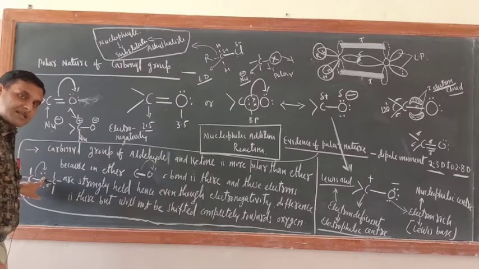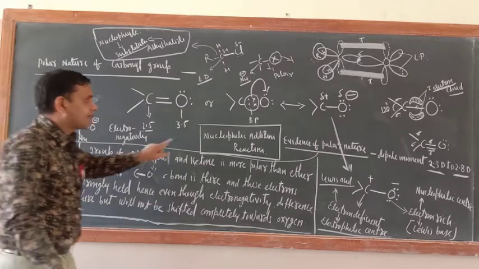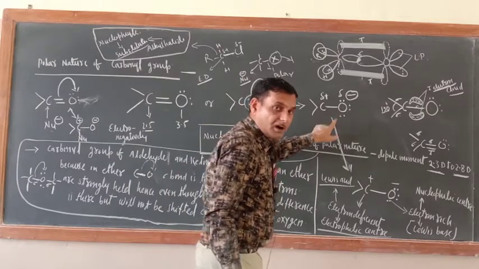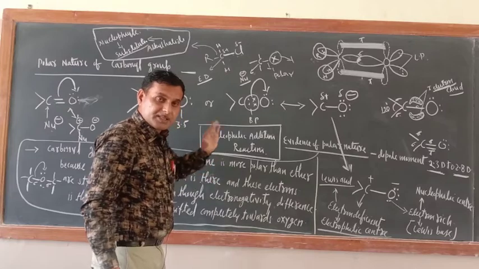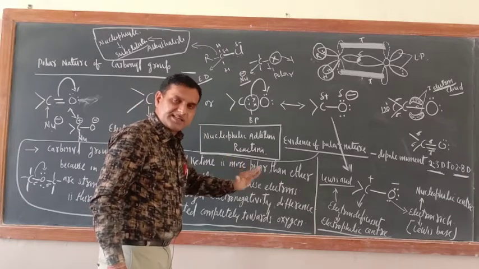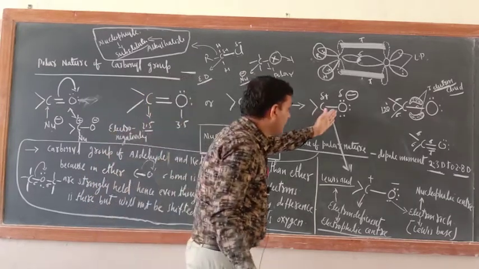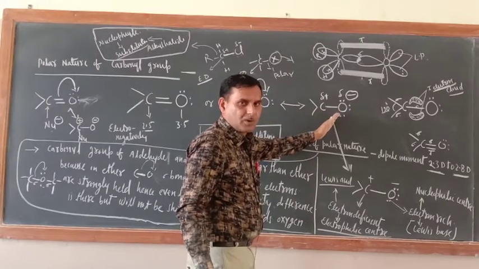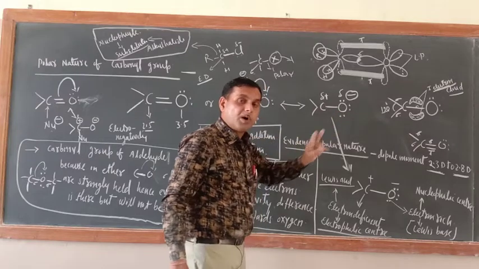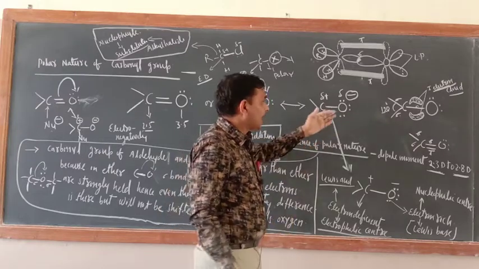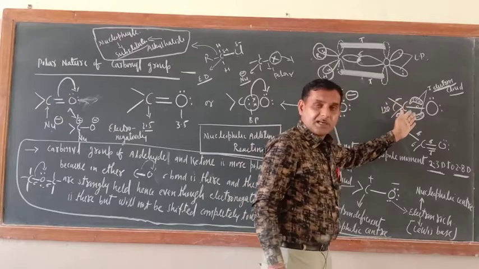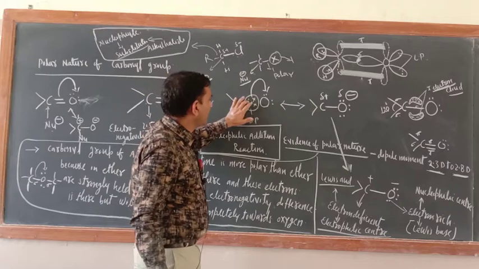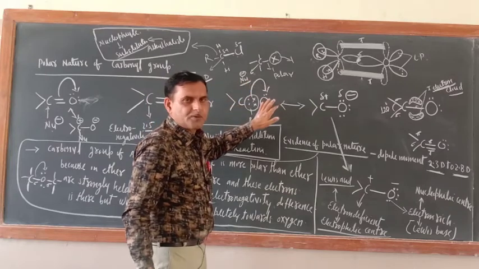As compared to the oxygen of the carbonyl group, the oxygen of the ether group is less electron dense. Here, more electron density is there at the oxygen of the carbonyl group, because out of the 2 bonds, one is a pi bond and pi electron clouds are loosely held. So out of the 4 electrons, the pi electrons will be completely shifted toward the oxygen atom.